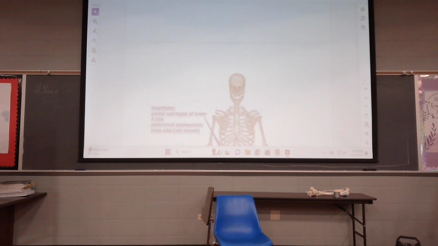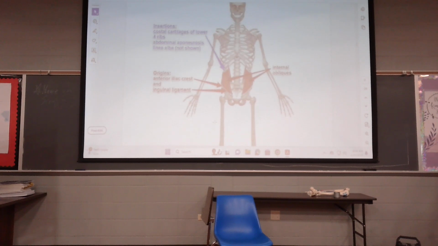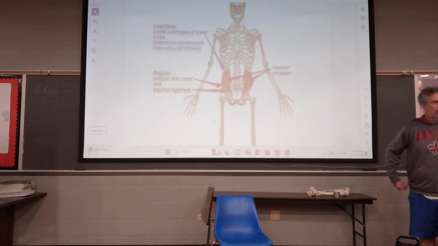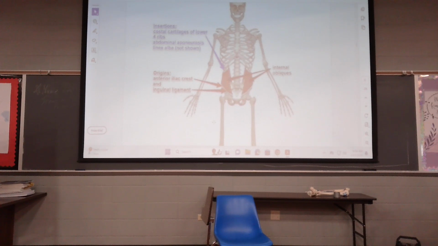Let's talk about one that can. Your internal obliques. Do you remember for the cervical, we had right and left, right sterno, left sterno, right, left. So your obliques, plural, you have a right and you have a left.